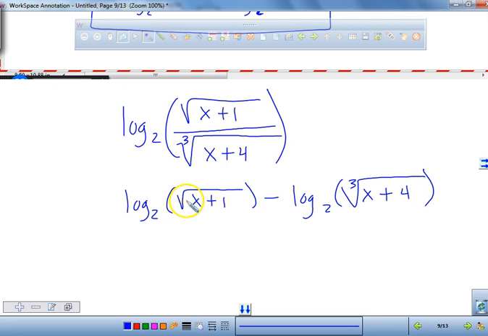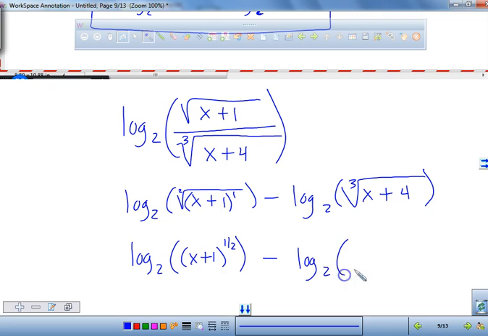Now the next thing I would realize is that this right here is actually x plus 1 to the power of a half, because technically that index is a 2, and what's inside of this is raised to the power of 1, minus log base 2 of, and this index is a 3, and this right here technically is raised to the power of 1, so I'd make this a 1/3.